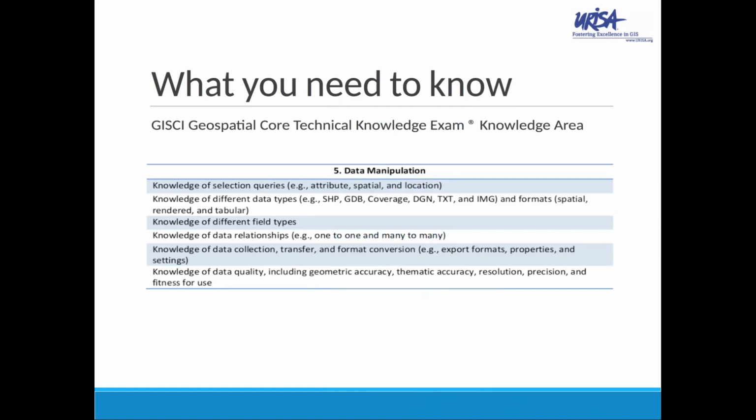We'll talk a good bit about data relationships and consequences of that, especially with regard to statistics and aggregation. We'll talk about data collection, transfer, and conversion, and where you lose information, where you save information, and some other issues. And then knowledge of data quality, and that'll touch a little bit on quality control, quality measurement, and then fitness for use.